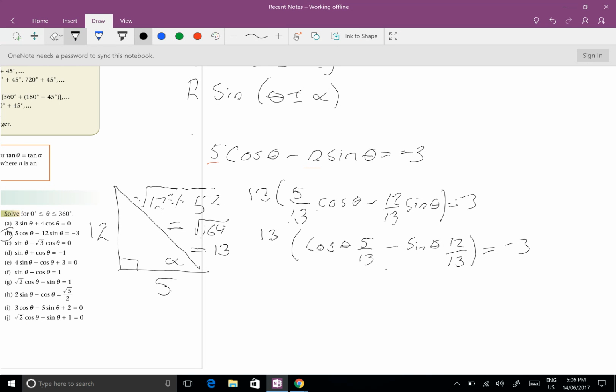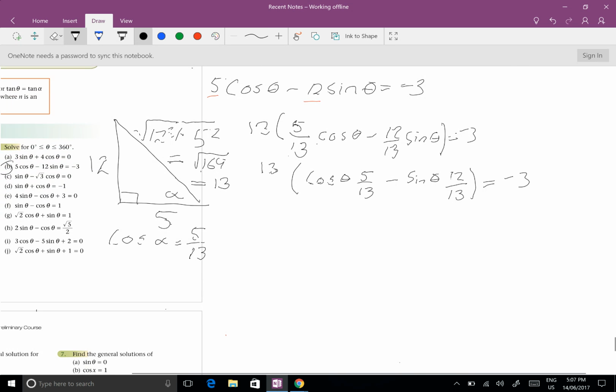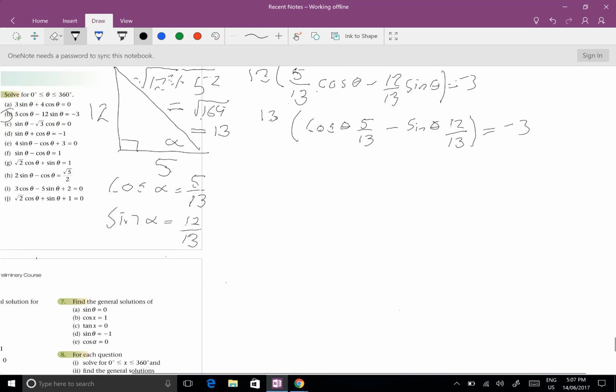And that will tell me that cos alpha is equal to 5 on 13 and sine alpha equals 12 on 13. So now I can write 5 on 13 and 12 on 13 in terms of sine and cos, and I'll be able to bring it all down. Let's just find out what alpha is.